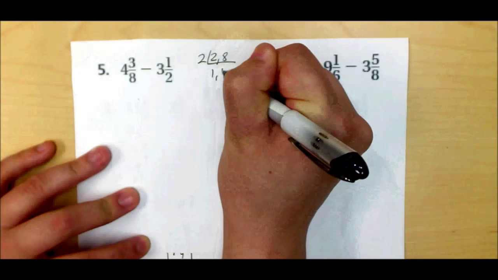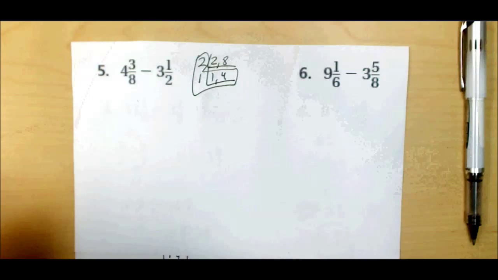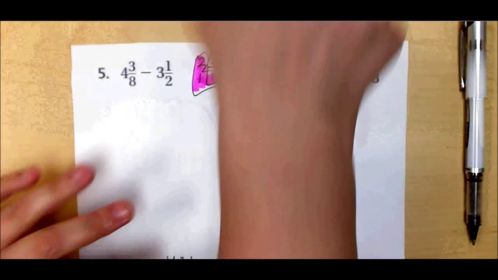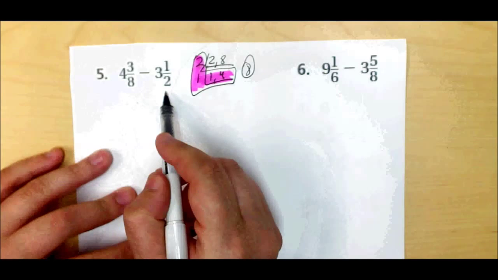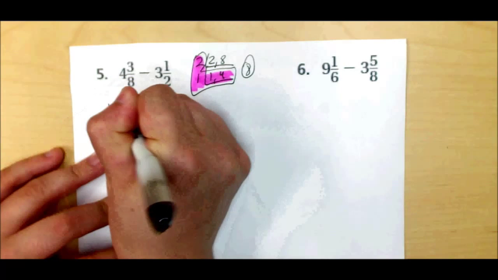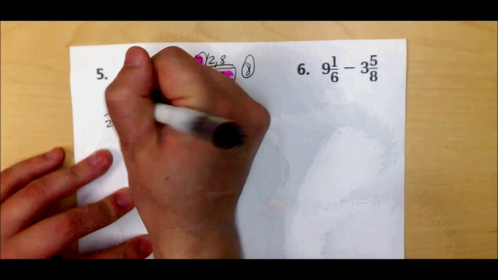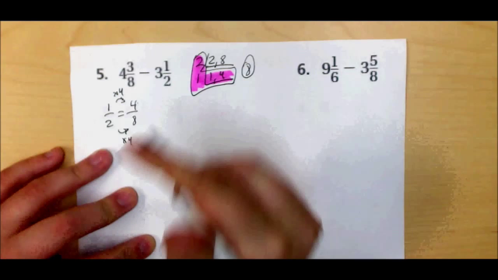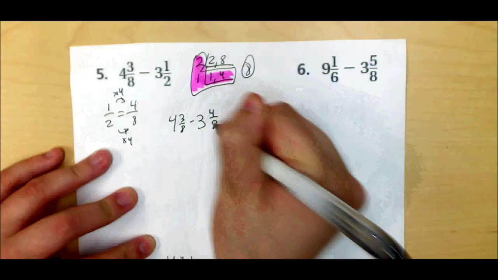L for least common denominator. 2 times 4 is 8. Now this already is in eighths, so I'm just going to change this one. 1/2 equals blank over 8. Well, 2 times 4 is 8, and 1 times 4 is 4. So now I have 4 3/8 minus 3 4/8.